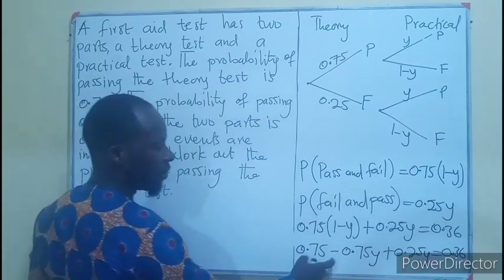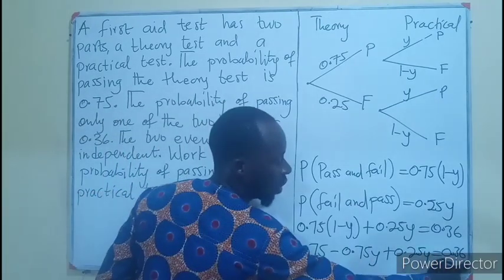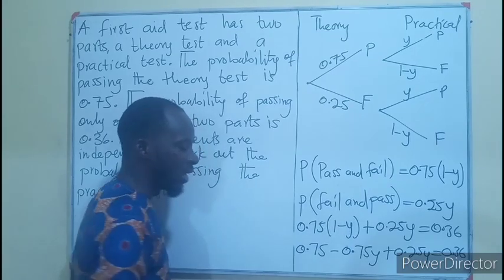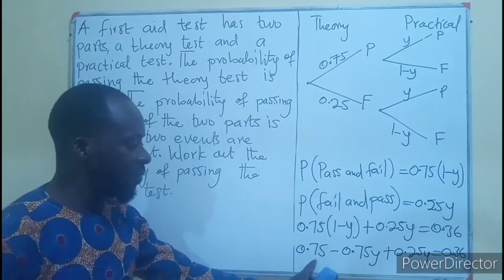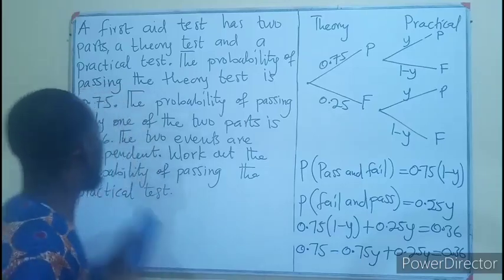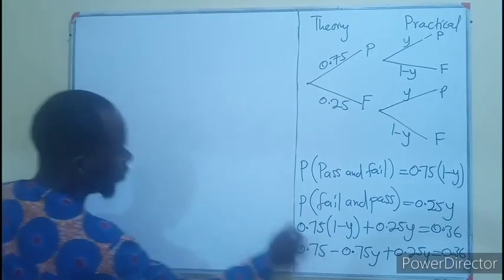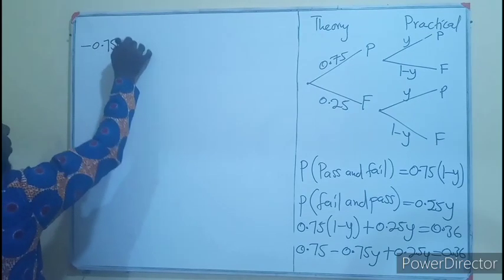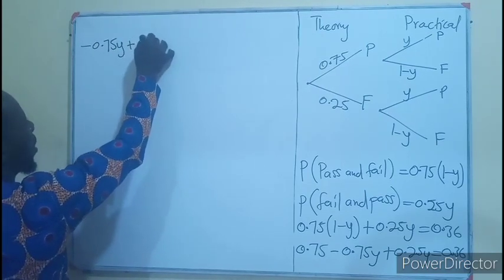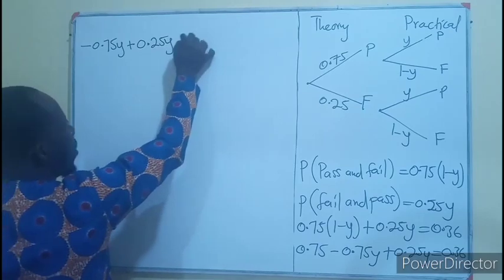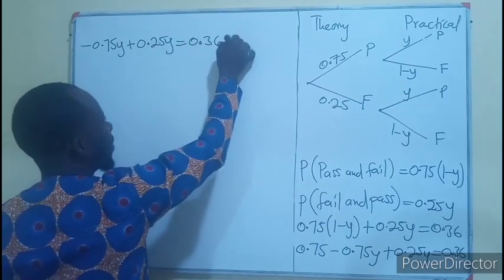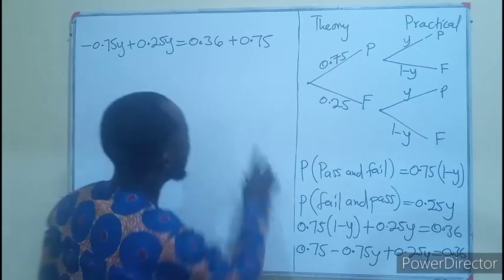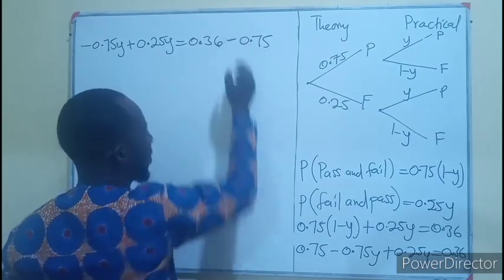So we first of all send this to the other side, as in the grouping of items, by subtracting 0.75 from both sides. So that is going to be negative 0.75y plus 0.25y equals 0.36 minus 0.75.